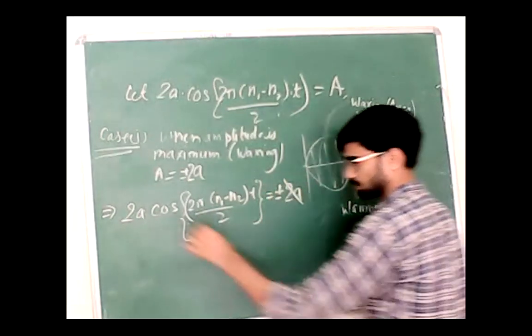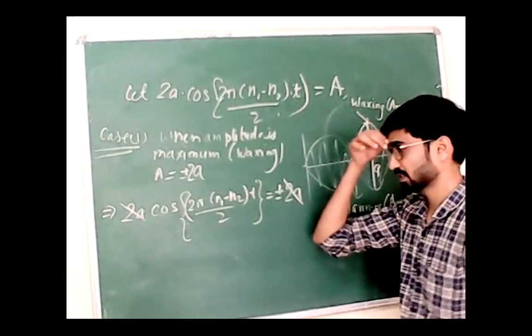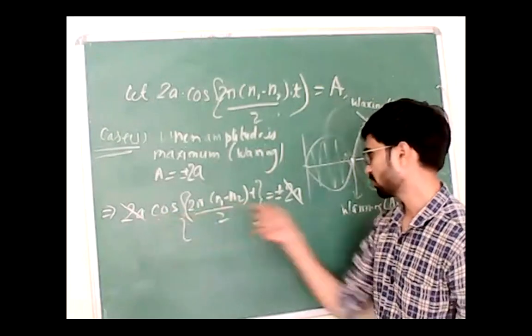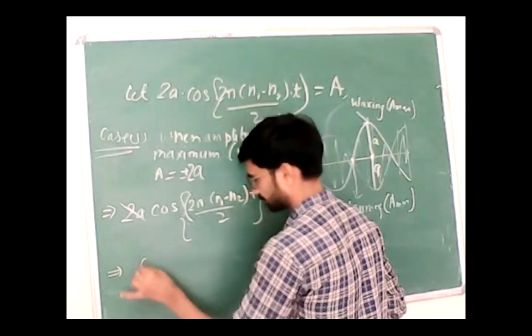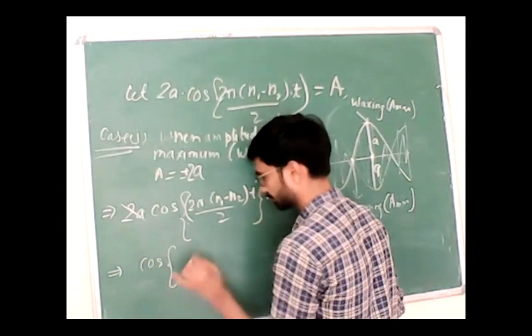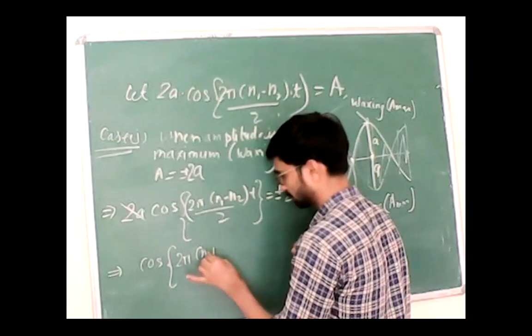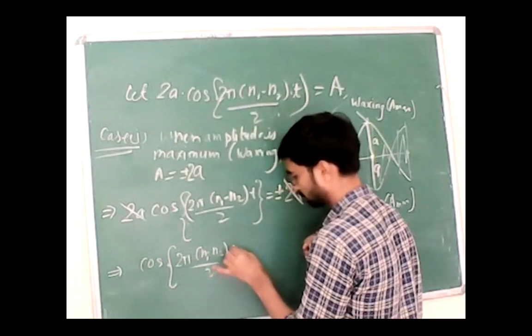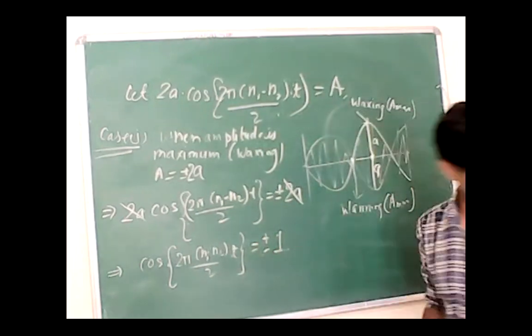So this 2A and this 2A get cancelled. That means whatever is inside, the value of cos is plus or minus 1. This implies the value of cos 2 pi (n1 minus n2) divided by 2 into t is plus or minus 1.